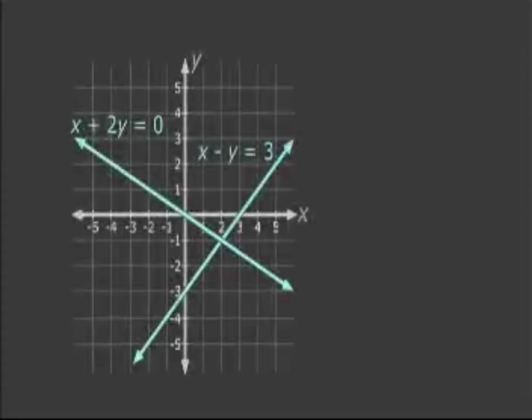We begin by drawing the graph of each linear function as we see here. The lines intersect at (2, -1). Therefore, the solution set of the system is (2, -1).